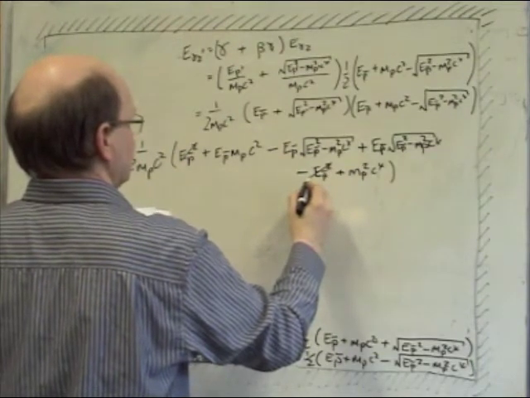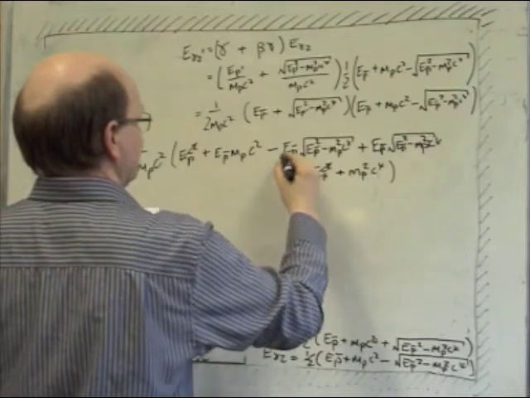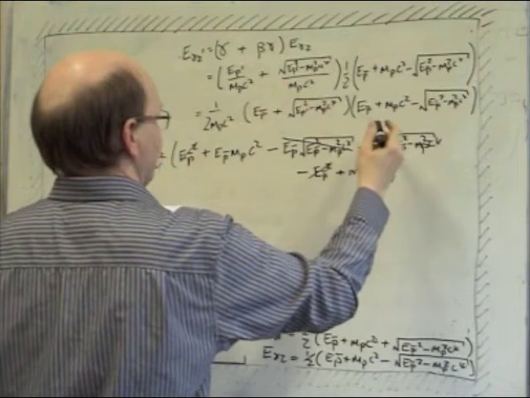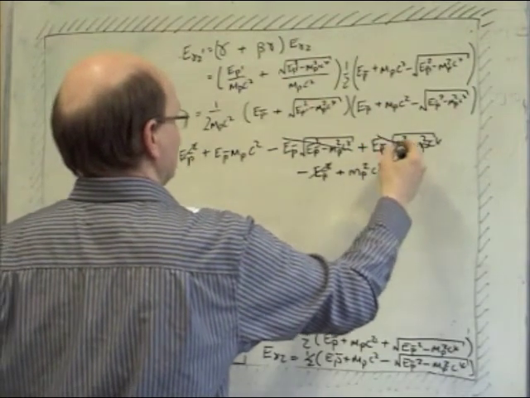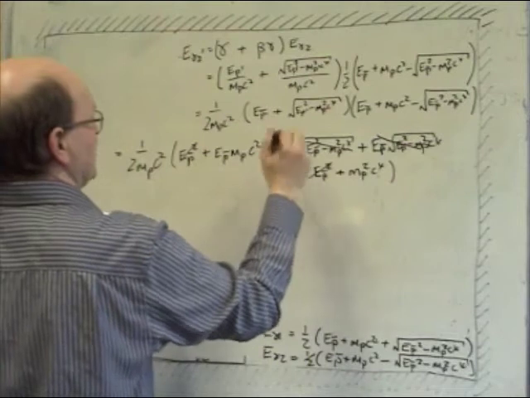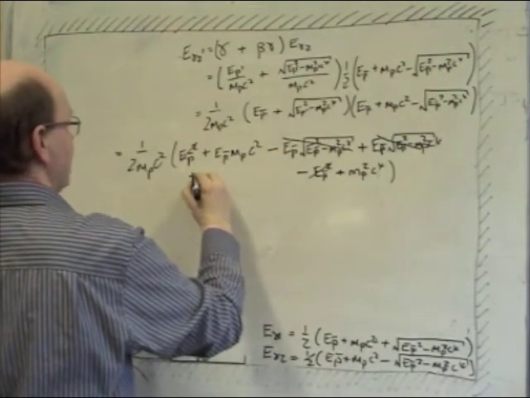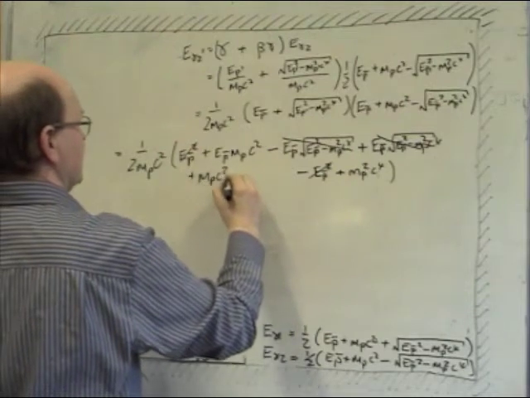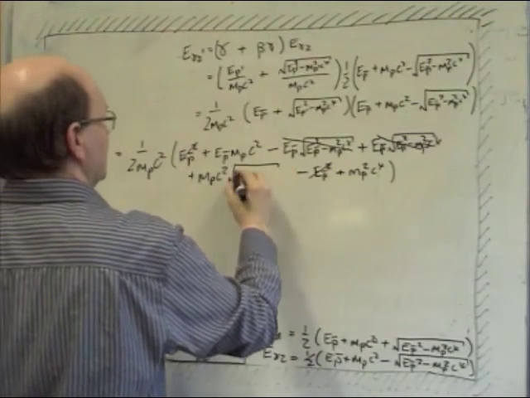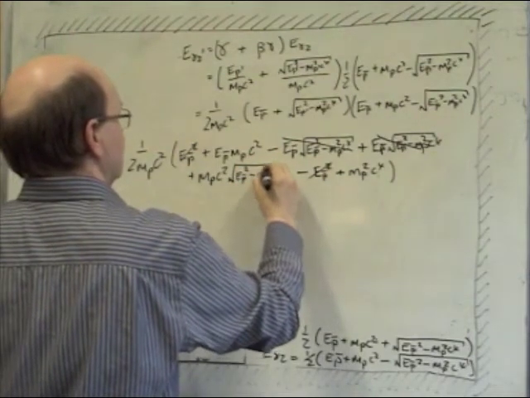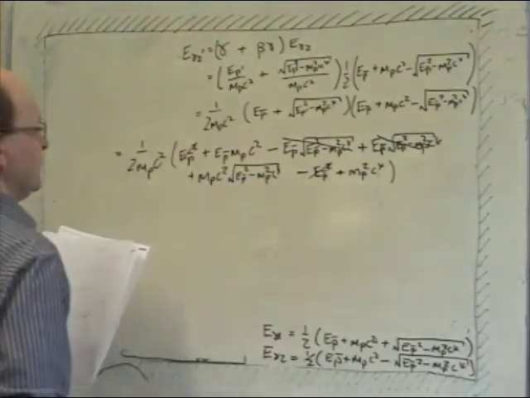And the next thing that happens is that these big square root terms cancel, and there's a term I've forgotten, this is what I'm worried about. The term I've forgotten is this square root times the mpc squared. So there's a plus mpc squared square root of EP bar squared minus mp squared c to the fourth.